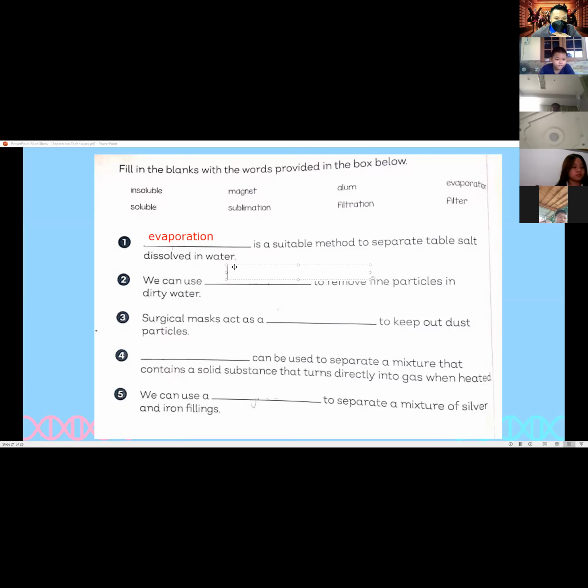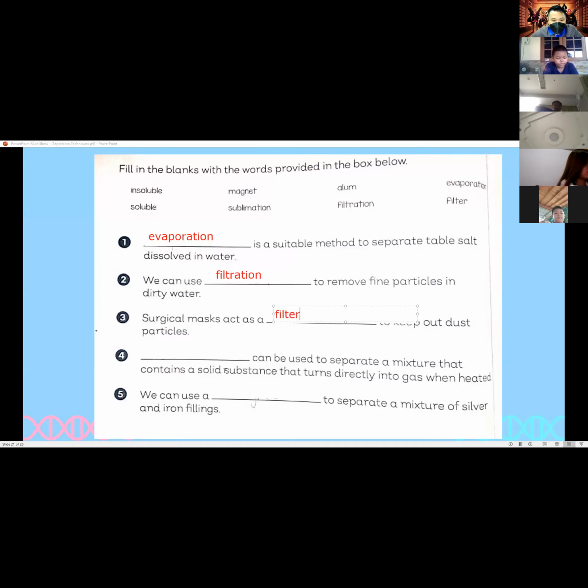Very good. Surgical mask acts as a blank to keep out dust particles. Filter. Yes, of course, filter.